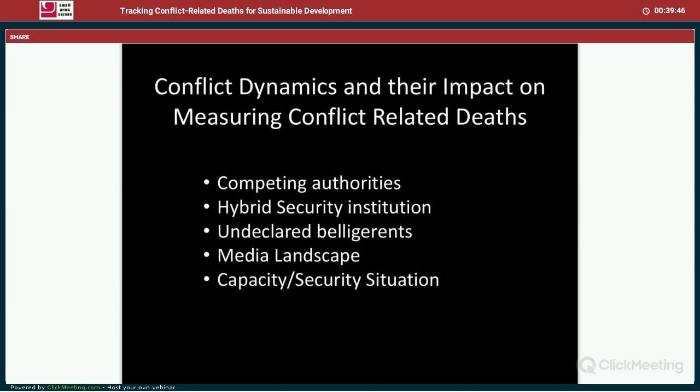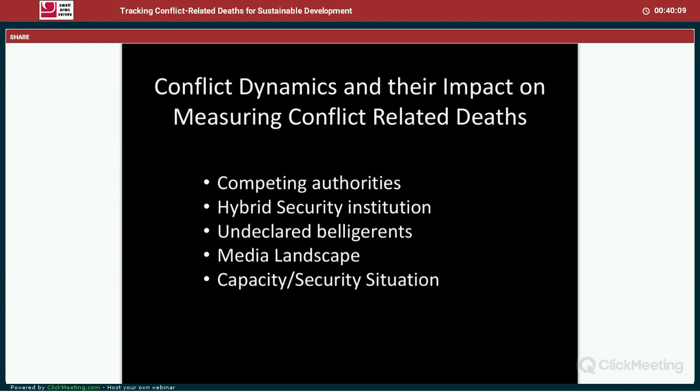Hybrid security institutions just refers to this concept that has been very well studied by the Small Arms Survey, where civilians will join armed groups to protect themselves, but they will be civilians during the day, and it's very difficult to identify who they are allied with and who the perpetrator is, or which side killed who, basically.